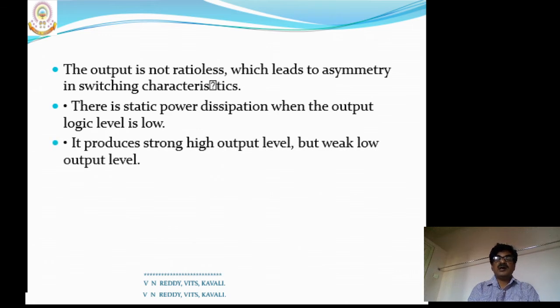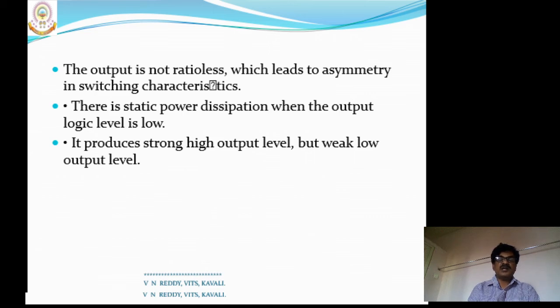And its output is a strong high output level but a weak low output level. Because the pull-up device is a depletion transistor, we can get the expected high output value, but the low level value is not zero. Some voltage we can observe, which is treated as low, a weak low output level.